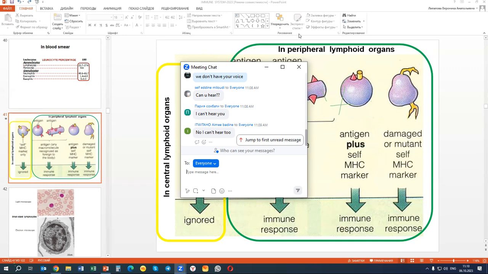In central organs, it's necessary not to attack its self-antigen, but in peripheral organs, this immune response is against either absolutely foreign antigens or against infected self cells or malignant cells. Also, it leads to immune response.